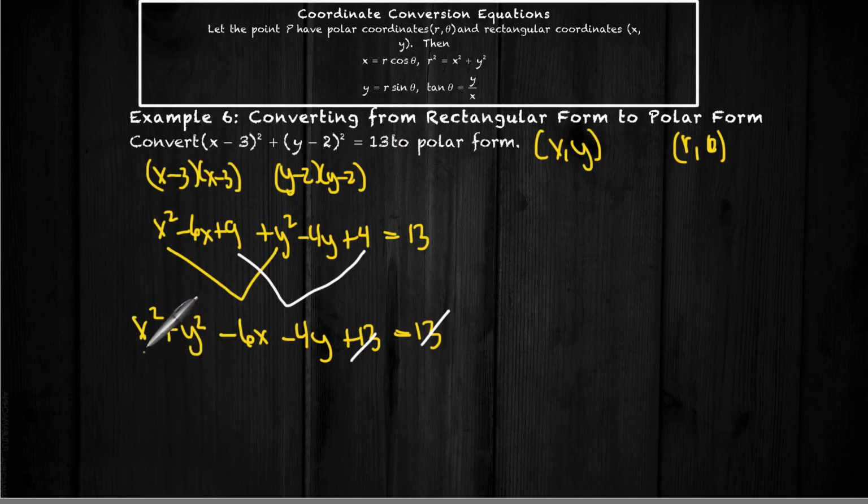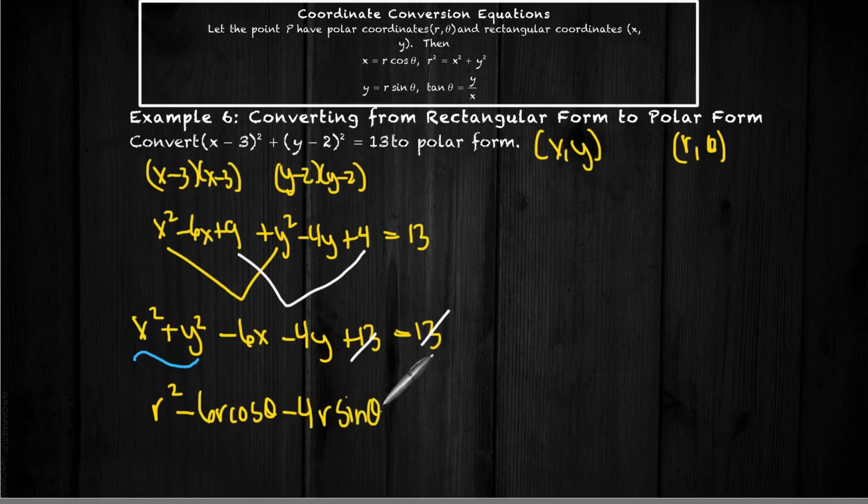Now we see that x squared plus y squared, maybe we'll underline that, is equal to r squared. So that's how we get out of rectangular into polar. So r squared, our x is r cosine of theta, so minus 6r cosine of theta. Our y is r sine theta, so minus 4r sine of theta. And that's equal to 0.